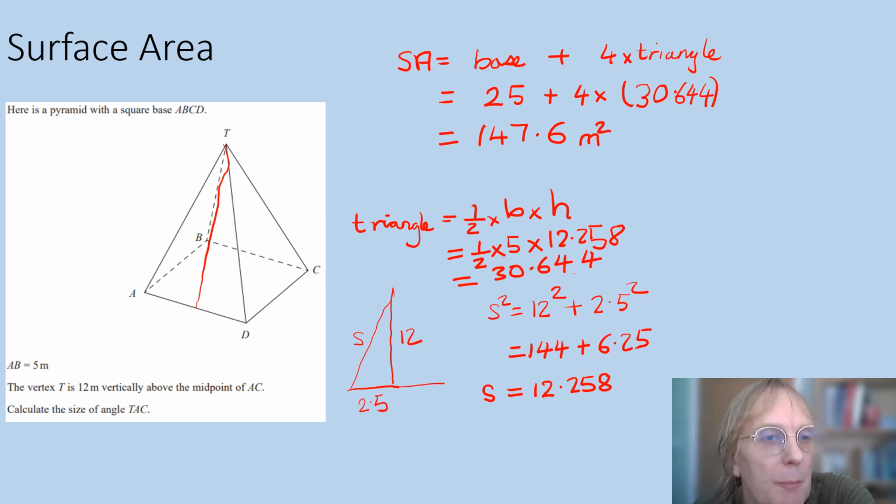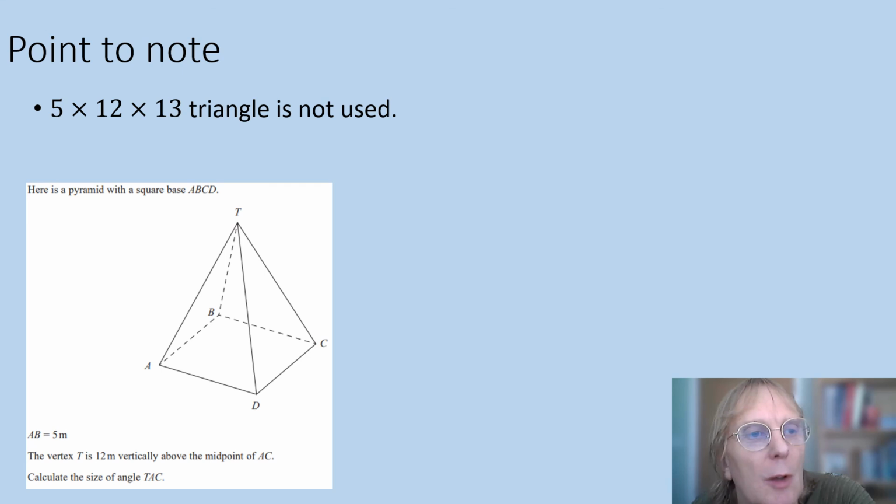Now that's working out the surface area, and surface area is always an awkward one. Any sort of 3D shape to do the surface area, they've usually got to find a few. This wasn't too bad because you've got 4 triangles all the same, and that's quite an easy one to do in the end. All right, just a couple of things.